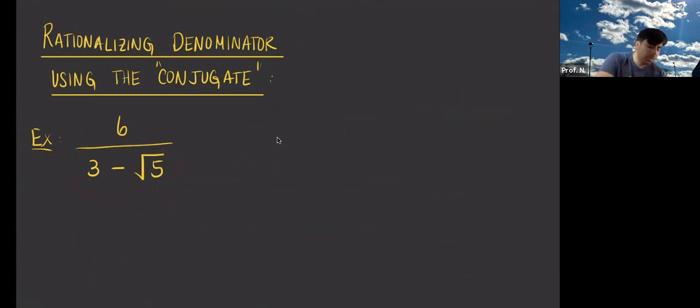So what must I do? I must multiply by something. What is that something? That something is called the conjugate. And what is the conjugate? The conjugate is literally, so these are called conjugates of one another.